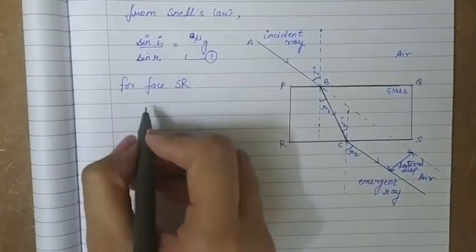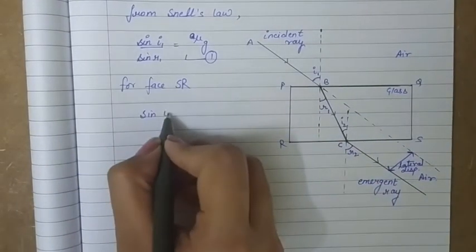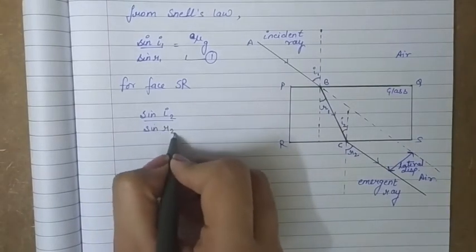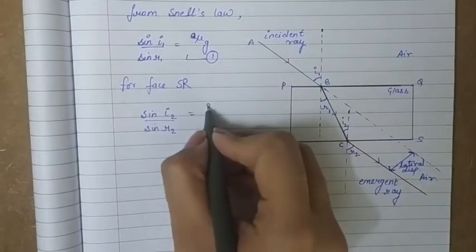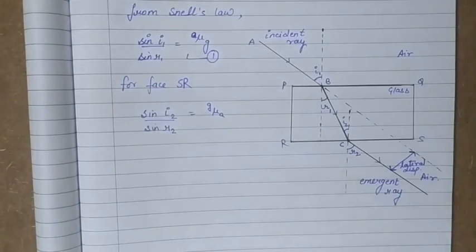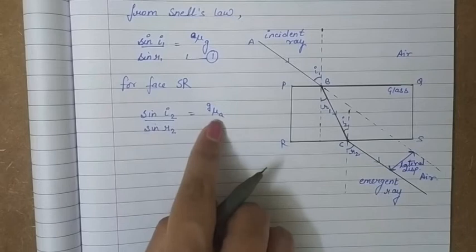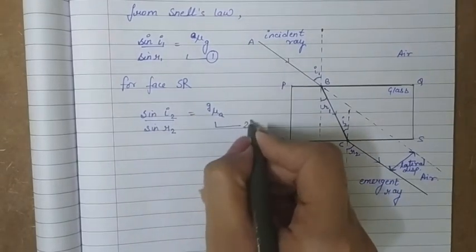So in this case, if we apply Snell's law, we get sine of I2, I2 is the angle of incidence, upon sine of R2 is equal to G mu A. The value we get here is G mu A, because the second medium is air and the first medium is glass. So we are getting the refractive index of air with respect to glass. This is equation number 2.